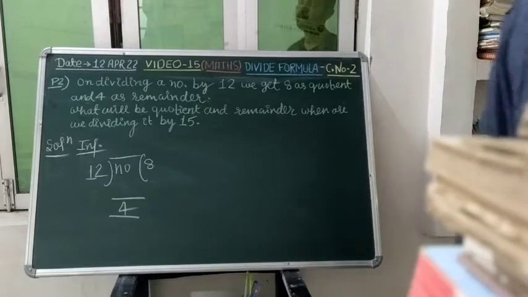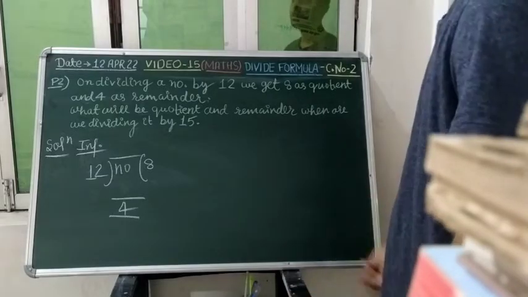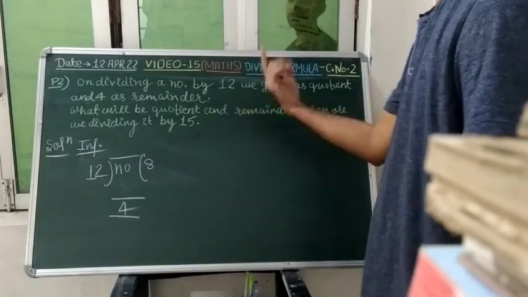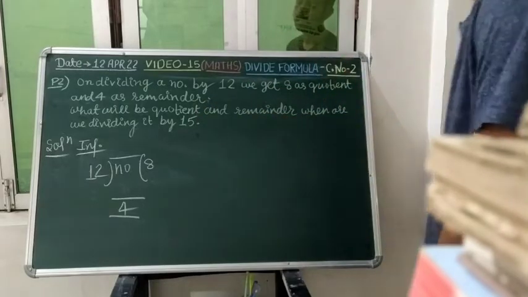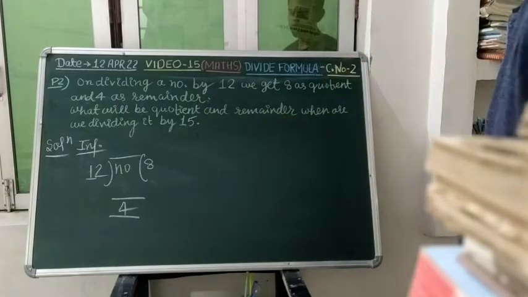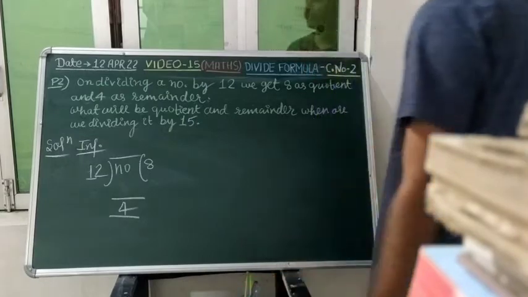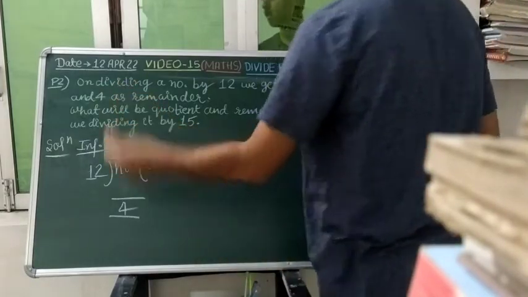And the question is saying that when that number is divided by 15, what will be the quotient and remainder? So our first task should be to find out the number.